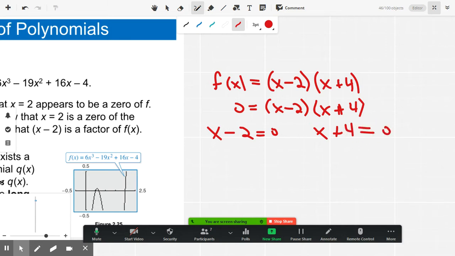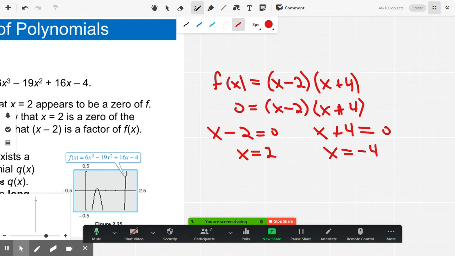And then you solve it. So here, I would add 2, and I would get x equals 2. And here I would subtract 4, and I would get x equals -4.